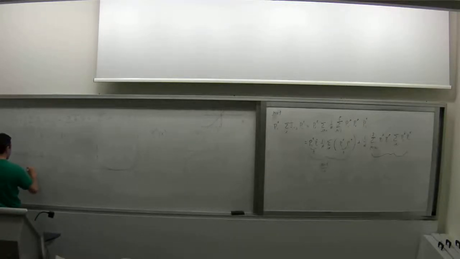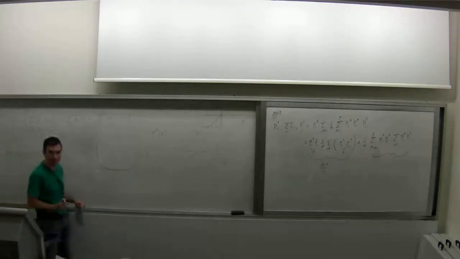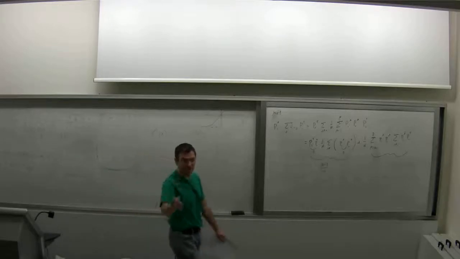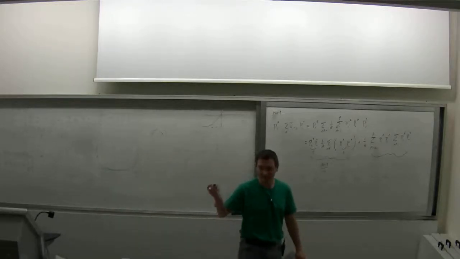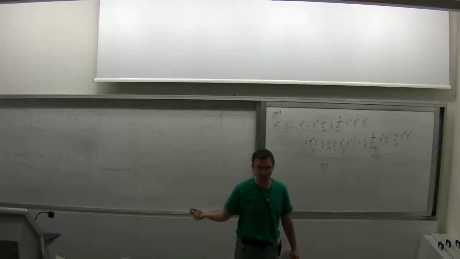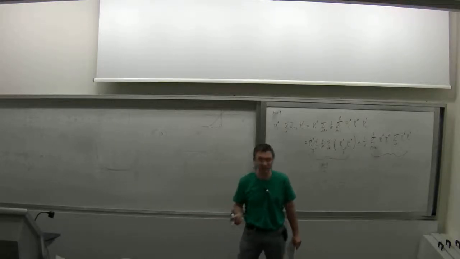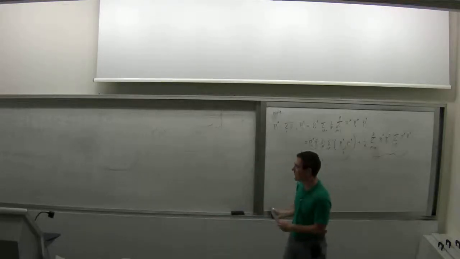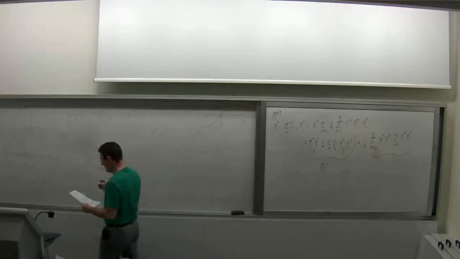One over beta x. Why is it true? G of g to the minus 1 of x has to be equal to x, right? Are you with me? Okay. So what's g of x?